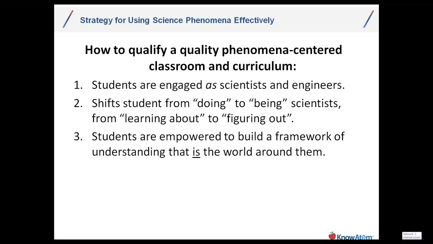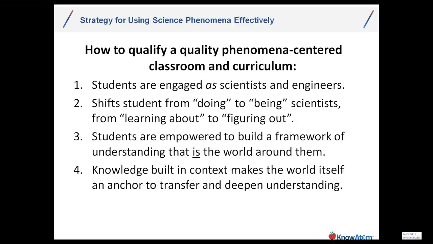That's a real historical event that is very complex, that students can begin to unpack and build a framework of understanding around. Thinking about that knowledge built in context, building on number 3 here, that knowledge built in context makes the world itself an anchor to transfer and deepen understanding.